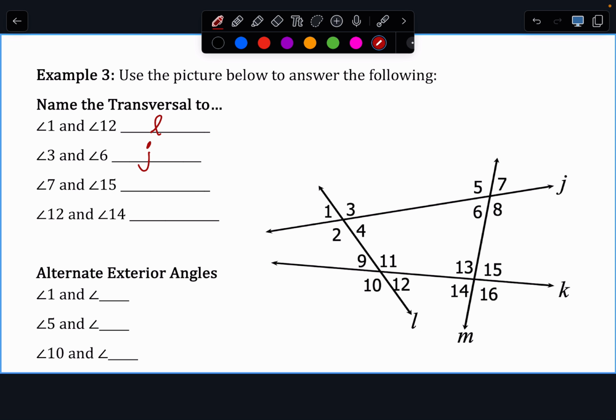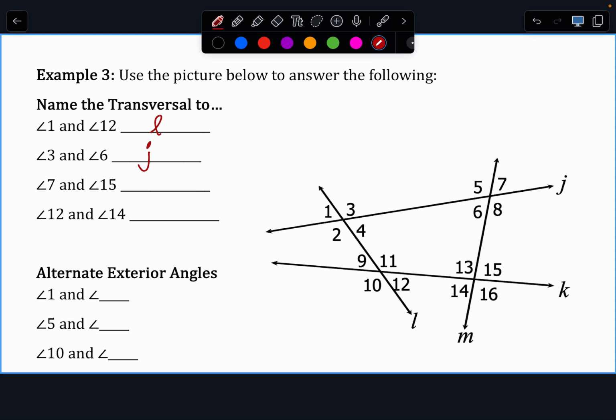Aaron, 7 and 15. Who's the transversal? Okay, and then 12 and 14. Harper, who's the transversal?